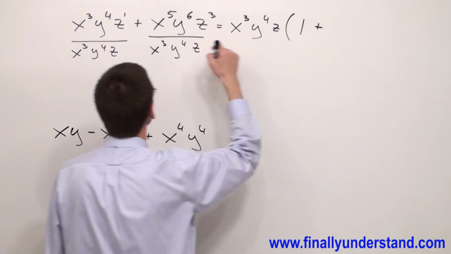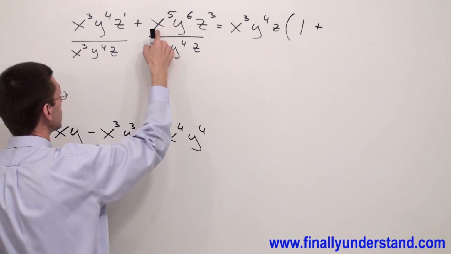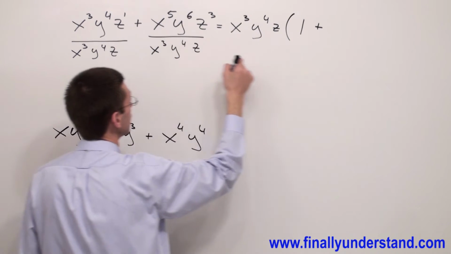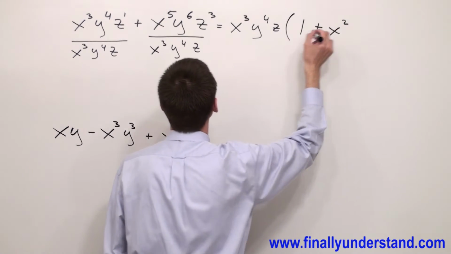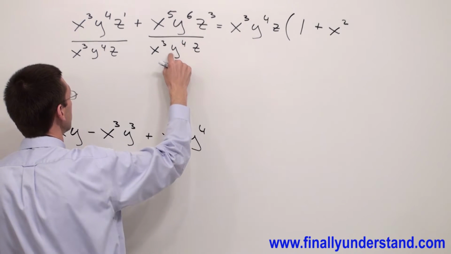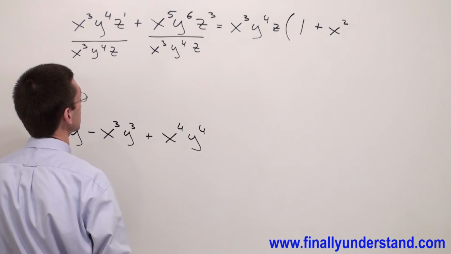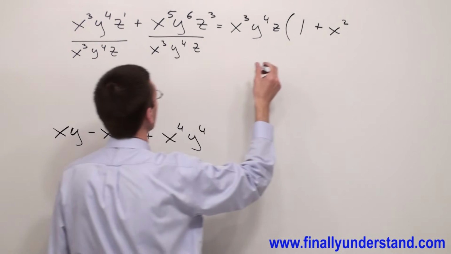Plus x to the fifth divided by x to the third. Remember, anytime we have the same base, we have to keep the base and subtract the exponents. So I'm going to have x to the second power. I have y and y. Y to the sixth divided by y to the fourth. I have the same base and I have to subtract the exponents. 6 minus 4 is equal to 2.